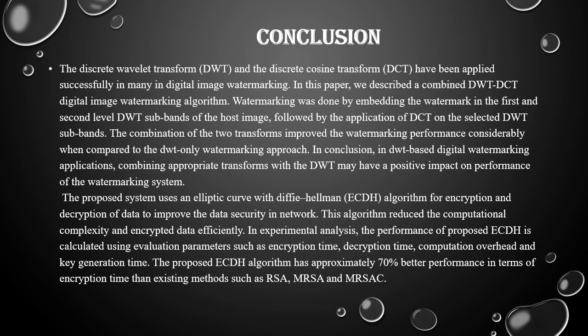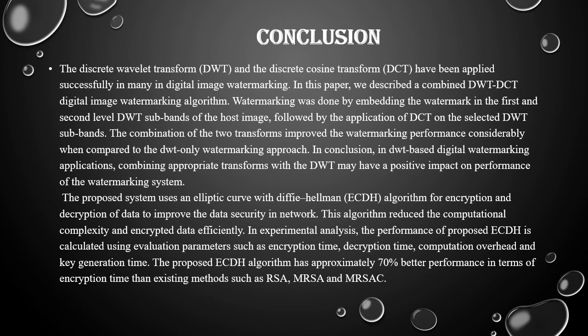Then the other algorithm used in this is the Diffie-Hellman algorithm. The proposed system uses an elliptic curve with the Diffie-Hellman algorithm for encryption and decryption of data to improve data security in the network. This algorithm reduces the complexity and improves the encrypted data efficiency.